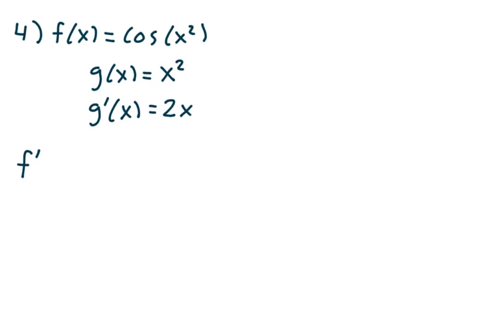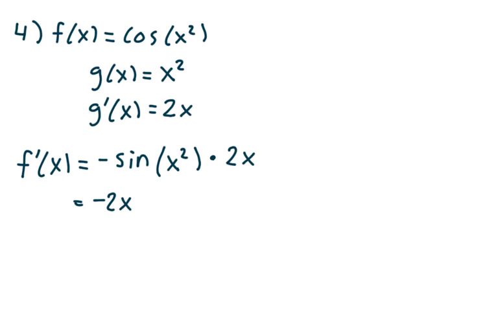So f prime of x is equal to negative sine of x squared, and I'm going to take that quantity and multiply by 2x, which is negative 2x sine of x squared. And again, that's equal to f prime of x.